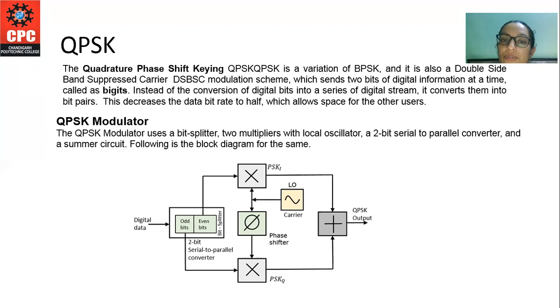Instead of converting digital bits into a serial stream, it converts them into bit pairs. This decreases the data bit rate by half, which allows space for other users. And it is an M-ary encoding technique.